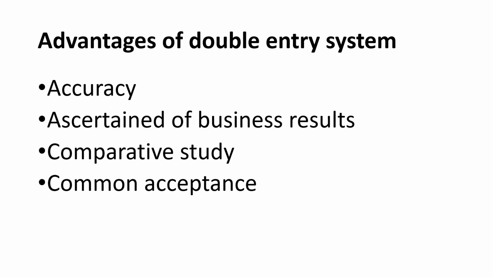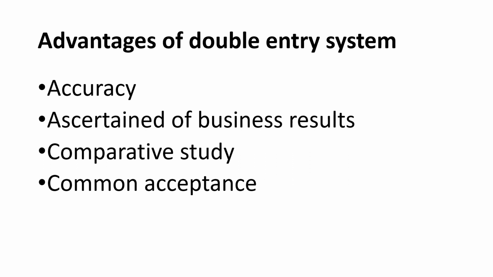This helps to give the net profit earned or loss incurred during a particular period, and also to know the financial position as on a particular date, because we are entering every detail in the double entry system. The accounting period is usually a year.